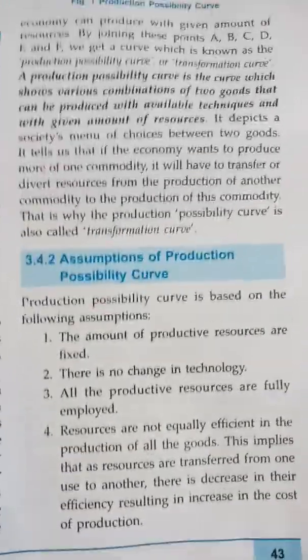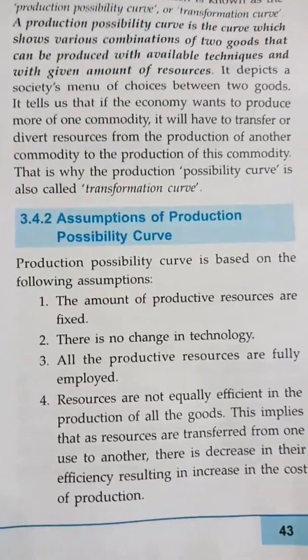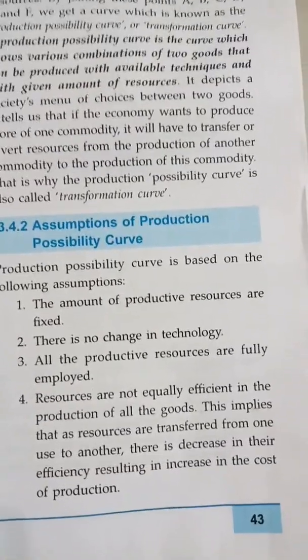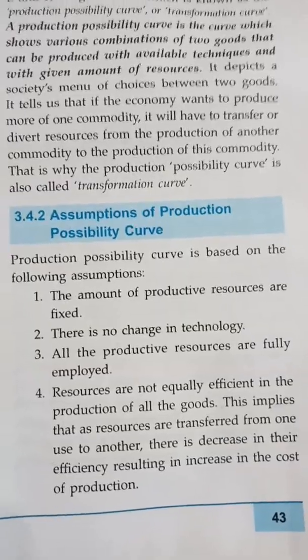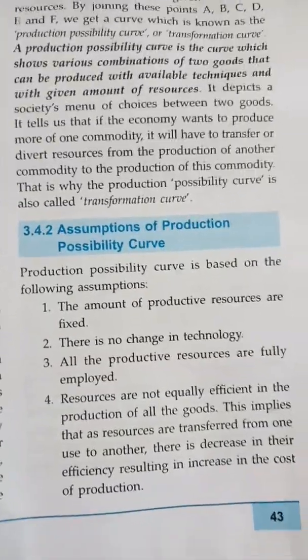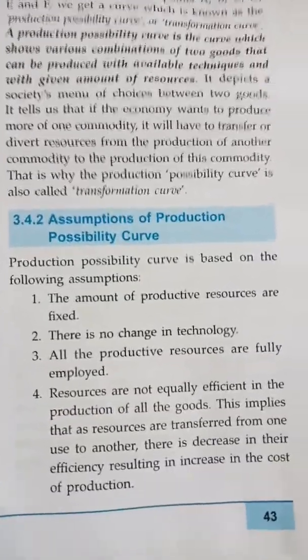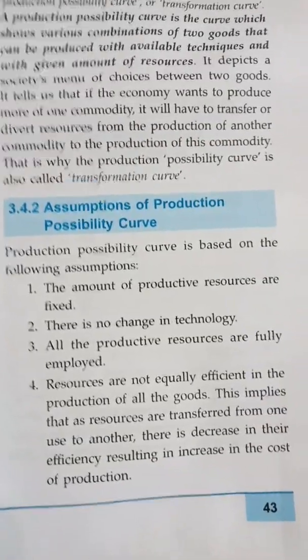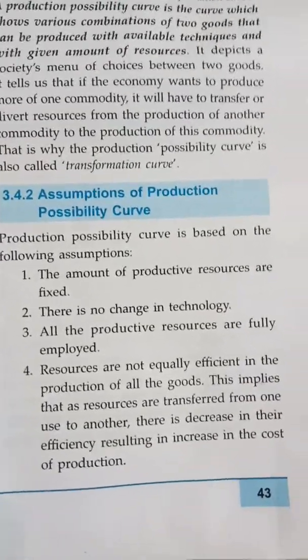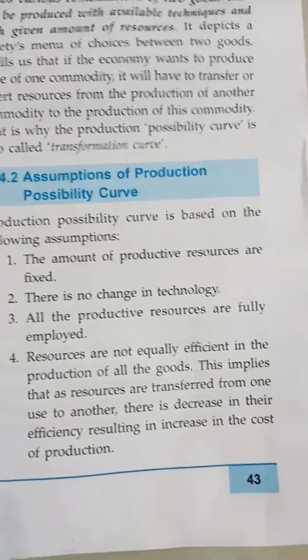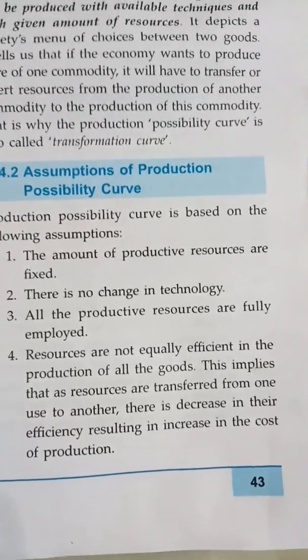Number 3, all the productive resources are fully employed. I've said already that all the resources are entirely spent on the production of the two commodities. Nothing is saved. And the 4th assumption is that resources are not equally efficient in the production of all the goods.